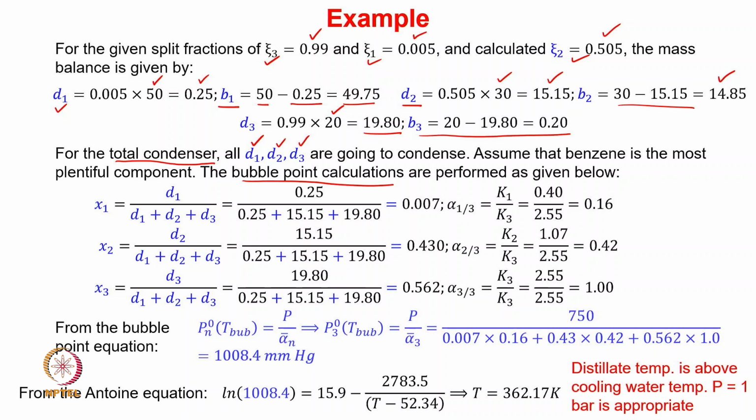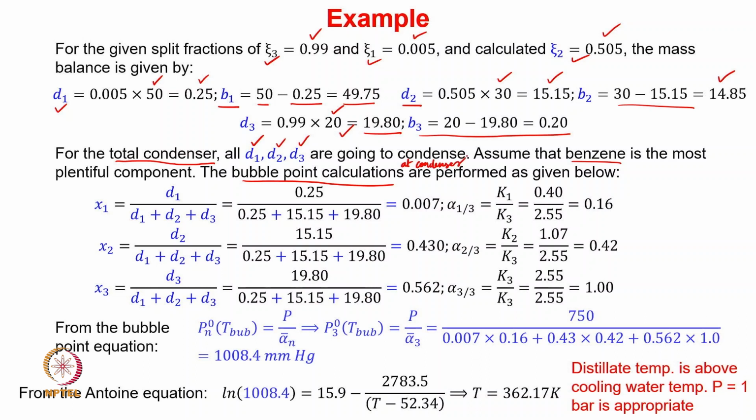Everything has to be condensed. So for condensing, let's remember what is the abundant component present in the distillate. The abundant component present in the distillate is benzene, isn't it? So we can obtain the relative volatility of all the components with respect to benzene, with respect to the condenser. So all these calculations are with respect to the bubble point calculations at the condenser.